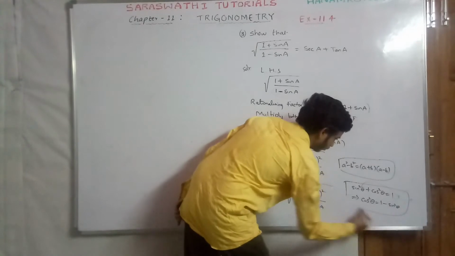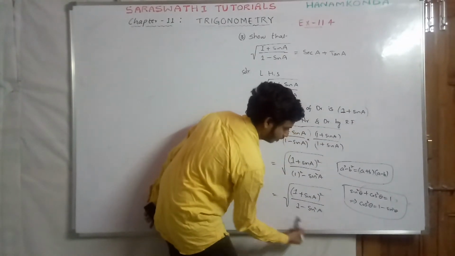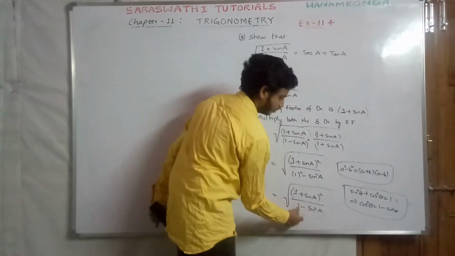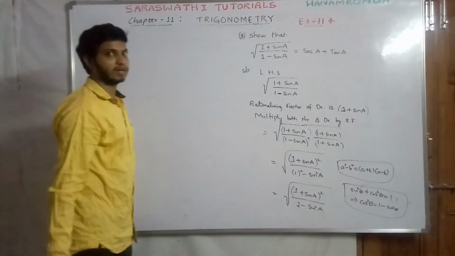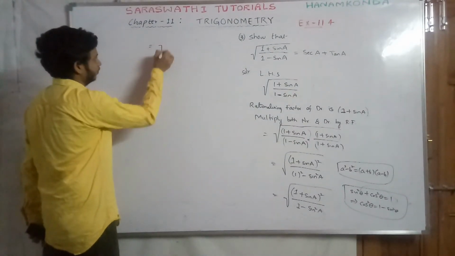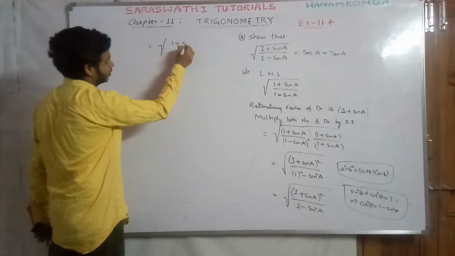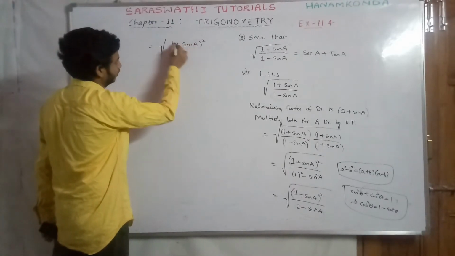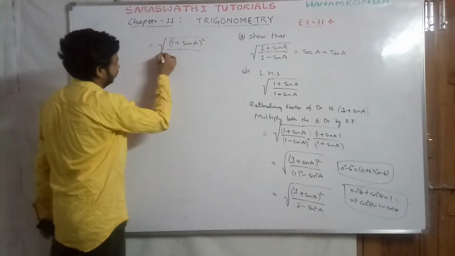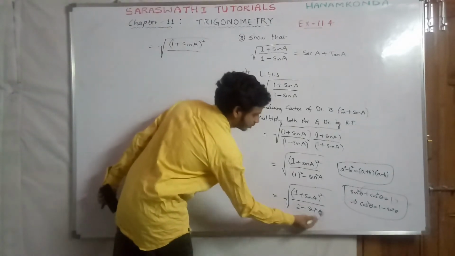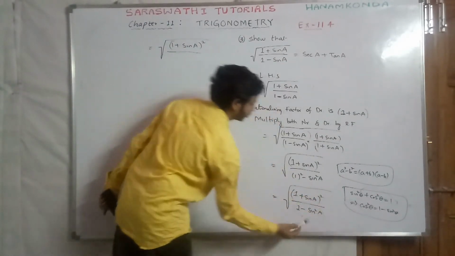So in place of 1 minus sin square a, we can write cos square a. Now the numerator is (1 plus sin a) whole square, and the denominator is cos square a.